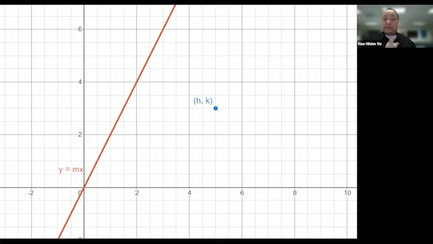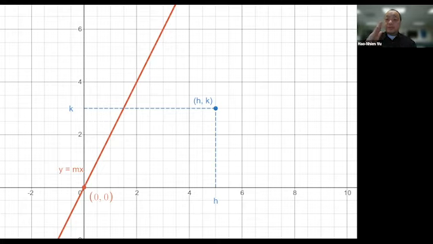Make sure the line of slope m passes by the point h comma k. Here's how I think about it. The line y equals mx is currently passing through the point 0, 0 down there. But I want it to reach the point h comma k. I want the line to move over to where x is equal to h and move up to where y equals k. And I will do that by using graph transformation.